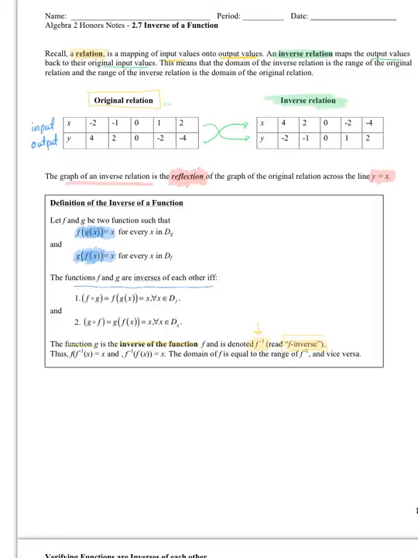So f composed with its inverse is x, and f inverse composed with f is x. So the domain of f is equal to the range of f inverse and vice versa. So hopefully you're recognizing that.